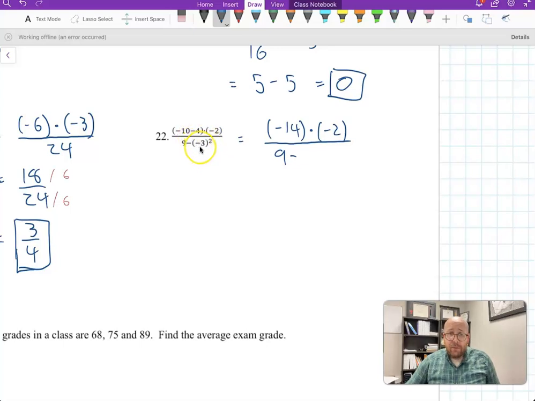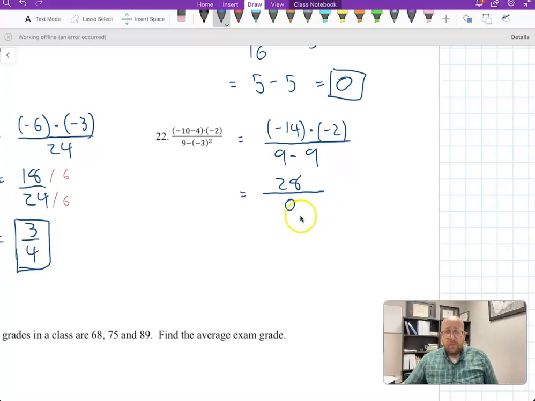So that's negative 3 times negative 3, which is going to be a positive 9. Up top, we have negative 14 times a negative 2. Negative times a negative is positive. 14 times 2 is going to be 28. 9 minus 9 is 0.